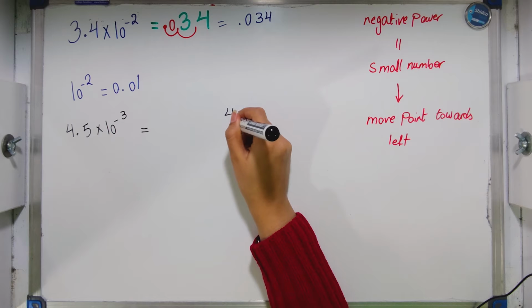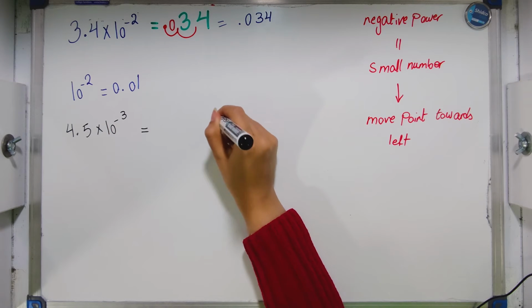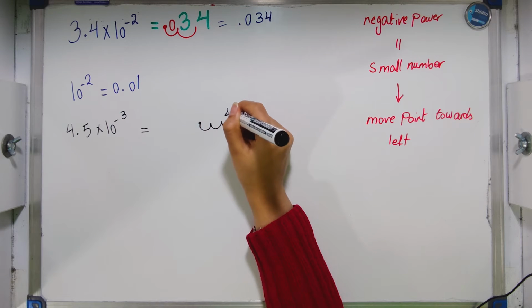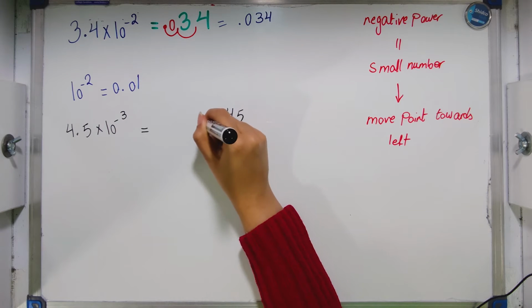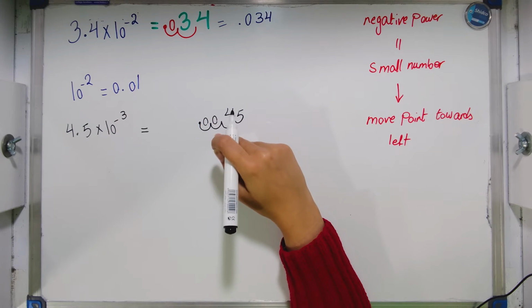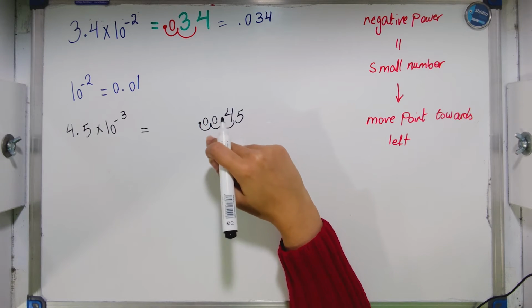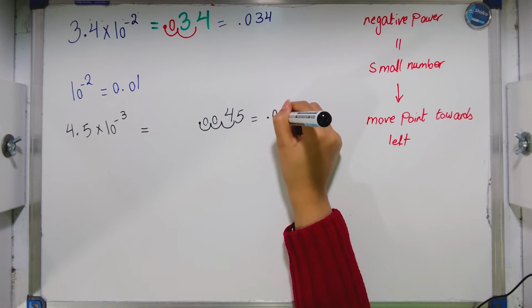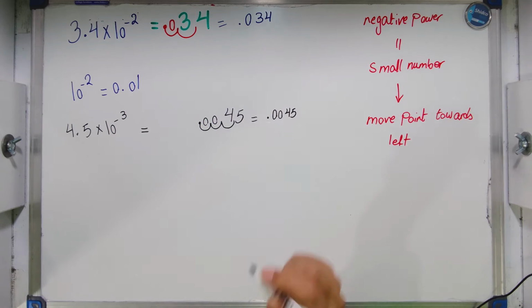So your point is here, 1, 2, and 3. Your point is here now, and instead of every digit, I put 1, 0. So your number is 0.0045.